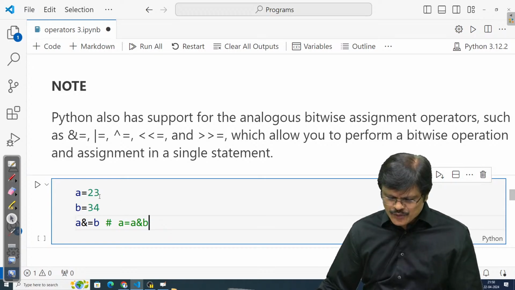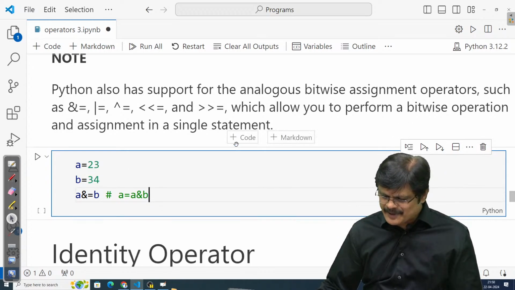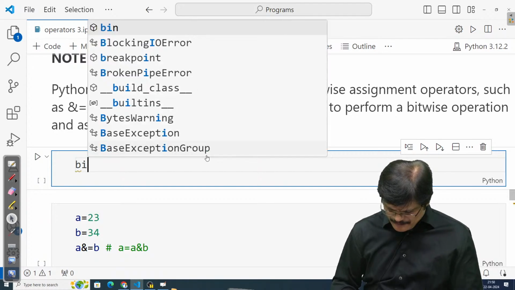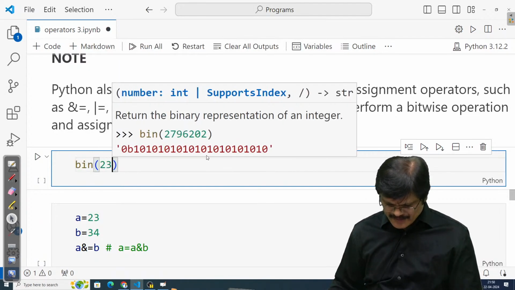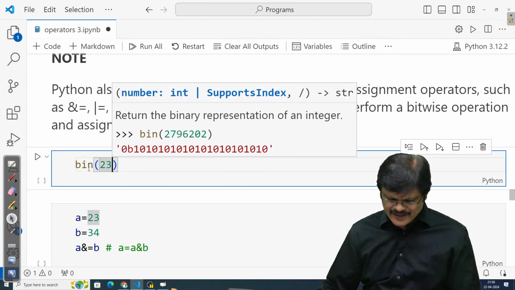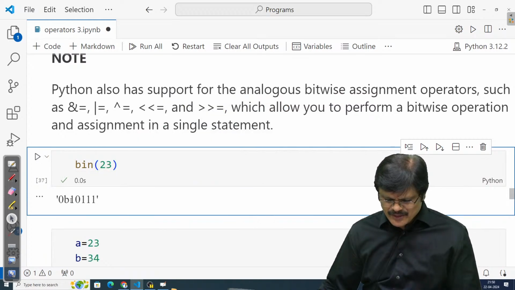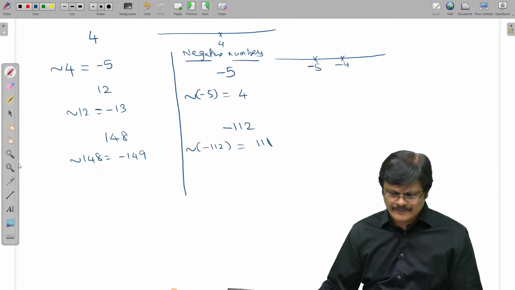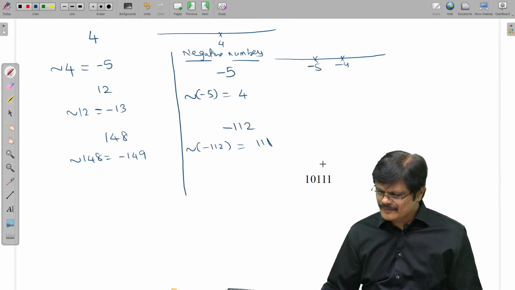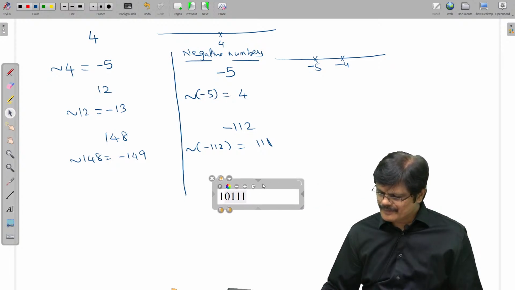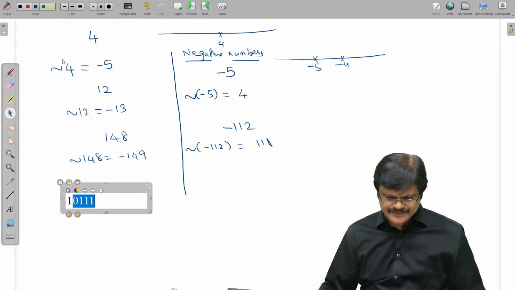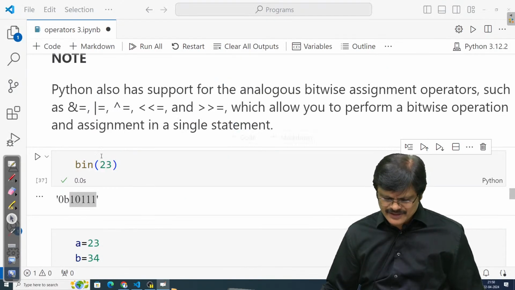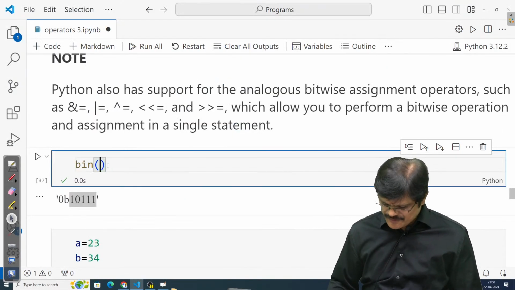So what is the binary representation of 23? Let us see, bin 23. Bin 23 is 10111. So this is 23. Then again, what is the binary representation of 34?